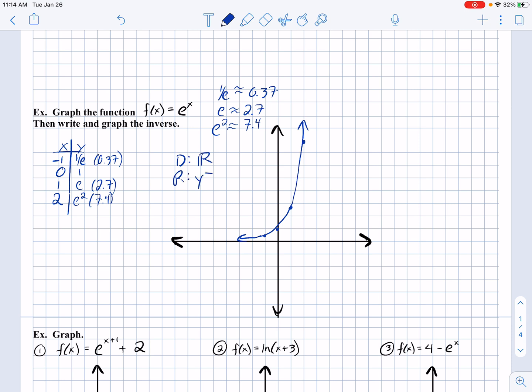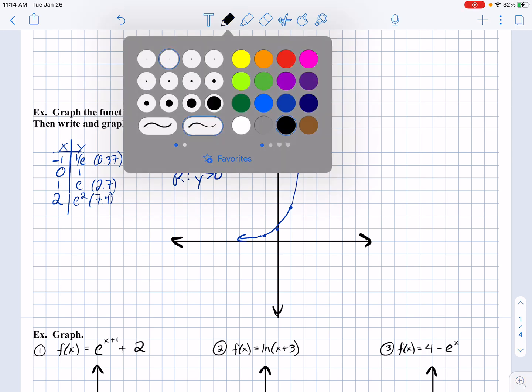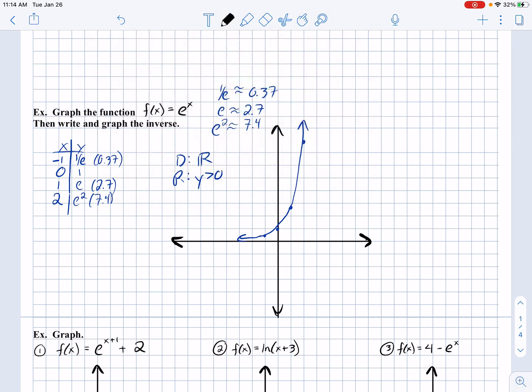Range is y is greater than 0. But what I'd like to do now is take the inverse of this function, which is going to be a natural log, and graph that inverse and see what it looks like.